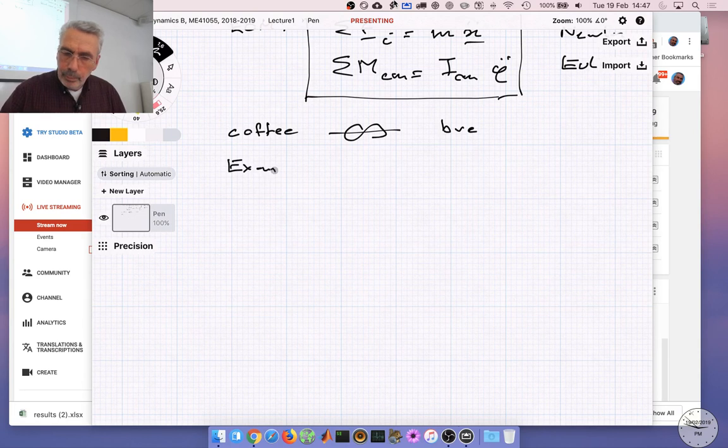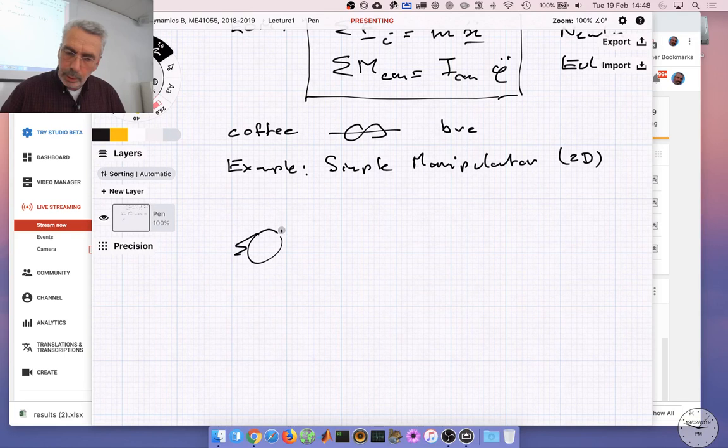Example, a simple manipulator, of course two-dimensional, right? And I was thinking about this.